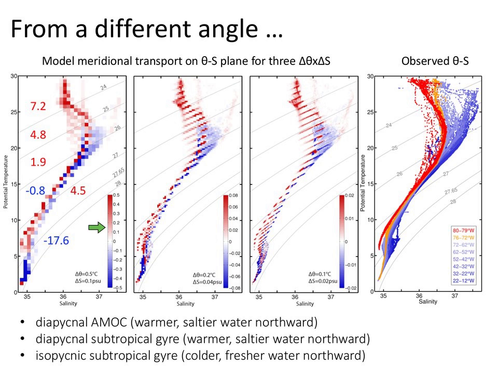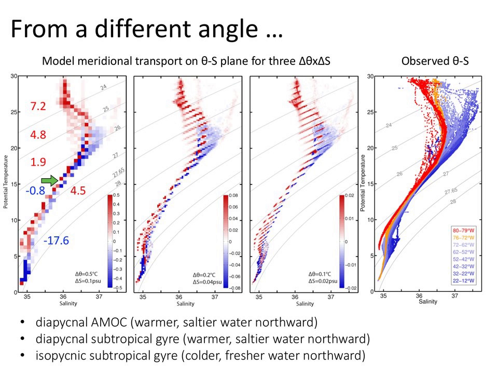So essentially, we can identify three circulations. The first one is the large-scale diapycnal AMOC, where you see overall northward flow and southward flow. The second one is the diapycnal component of the subtropical gyre, which, although here mostly northward, within the layer above 27.65 you also see certain layers with southward flow.